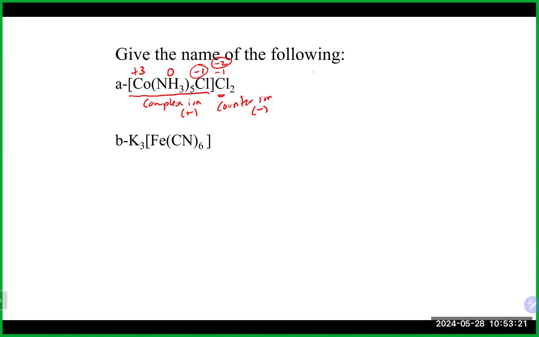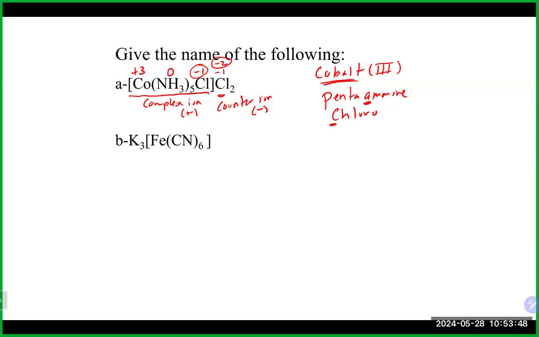We do have cobalt, Roman numeral 3. We could use the regular name of the metal because our complex ion in this case is positive. We do have 5, which is pentaammine for our ammonias. And we do have 1 chlorine or chloride, which is chlorido. Again, we're going to go alphabetical here, ignoring prefixes.